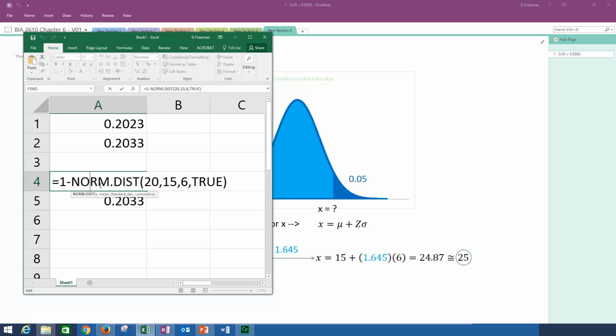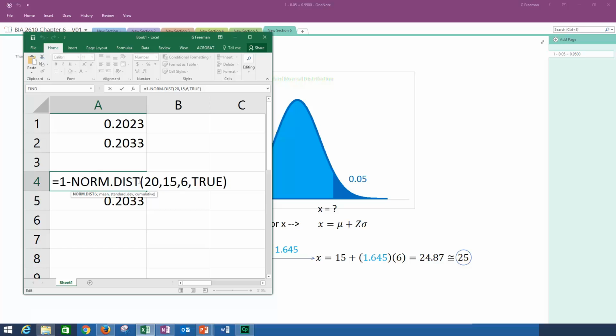This one we're just using the normal distribution. There's no S in the middle. It's not the standard one. You put in the value of X, the value for the mean, the value for the standard deviation, and the fact that we want the cumulative version. So Excel figures out what the Z value is, and then it returns the probability.